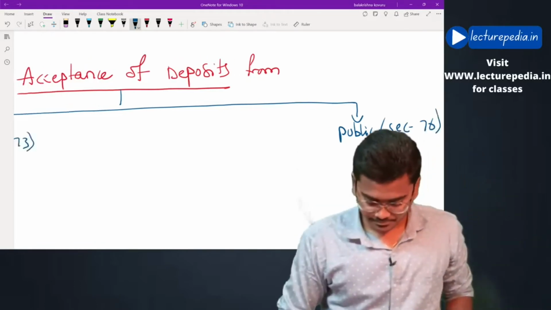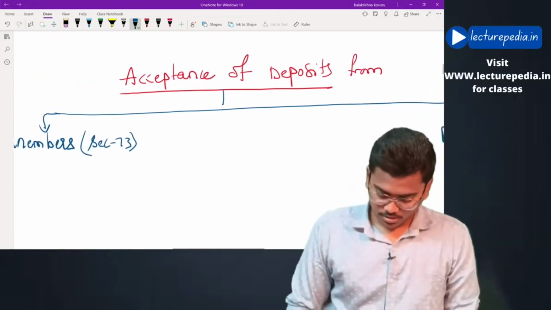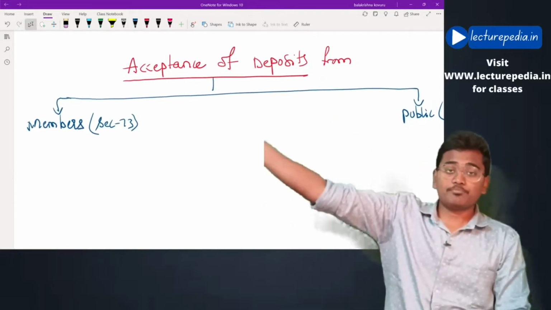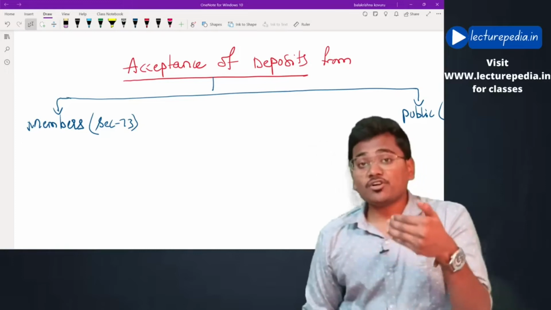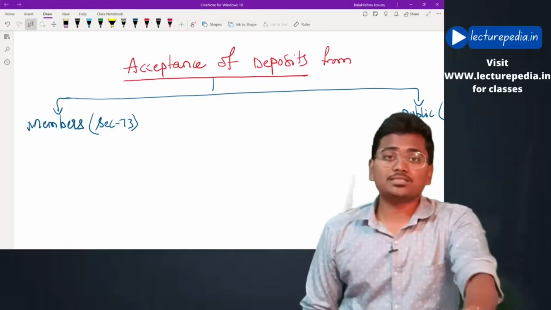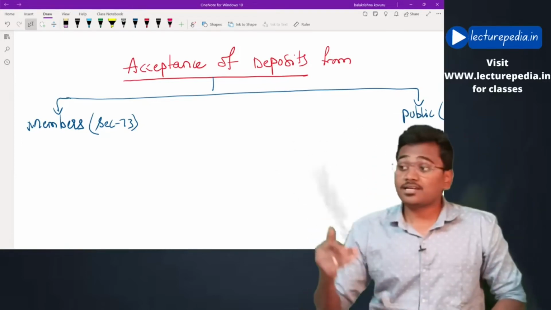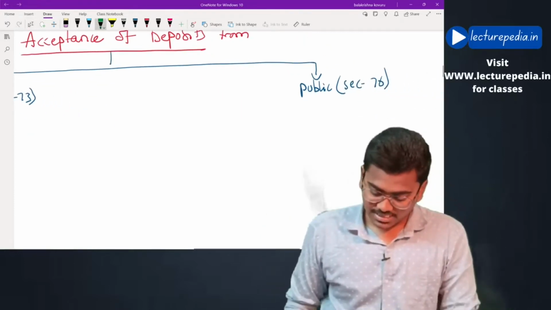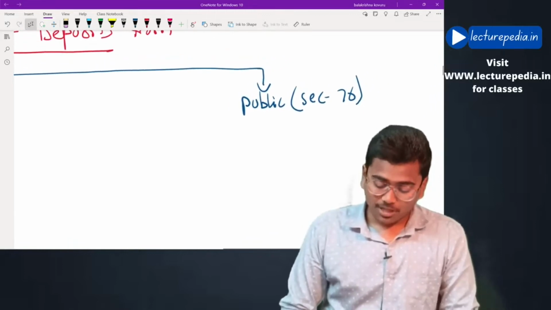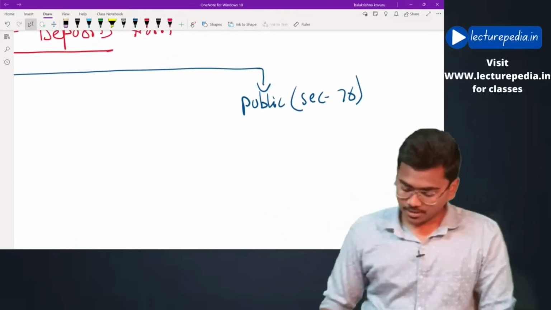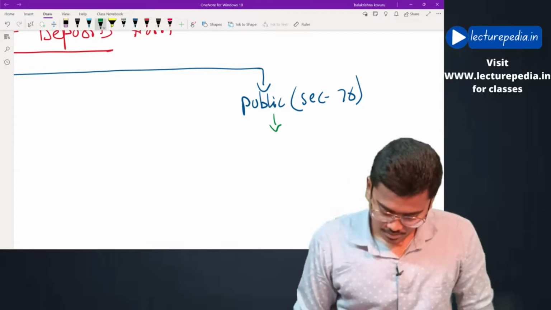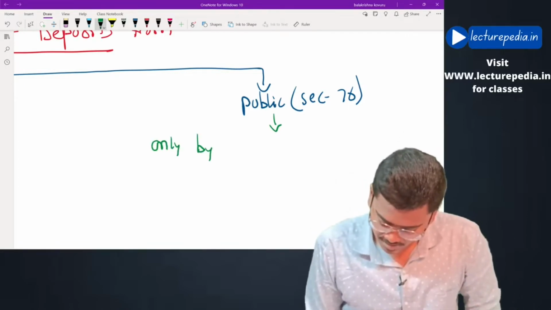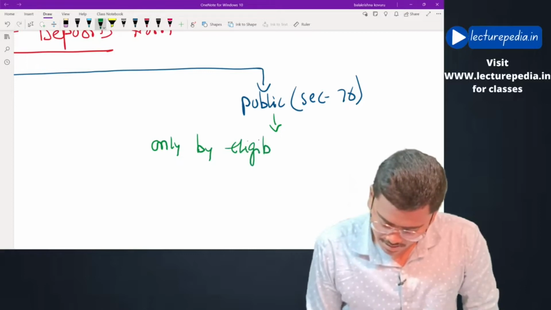Now you know that deposits can be raised from members and from the public, but which type of companies can raise from members, and which type can raise from the public? Let us see that. Basically deposits can be raised from the public only by eligible companies.